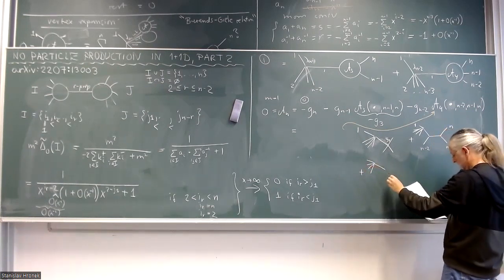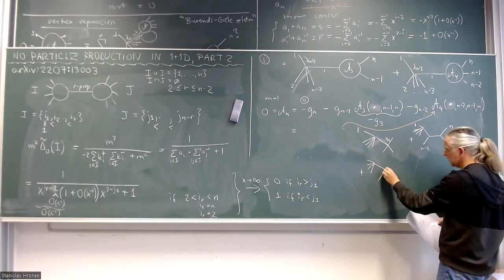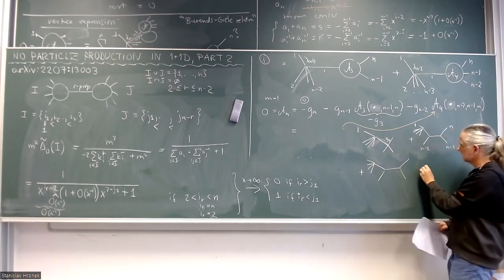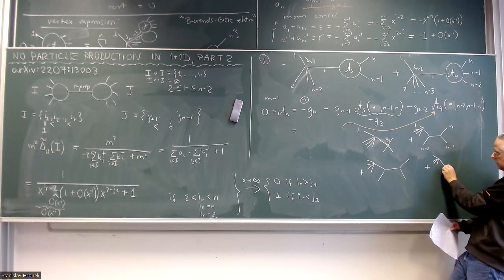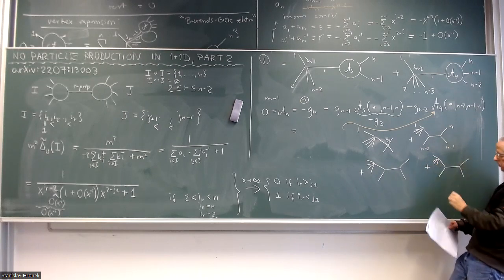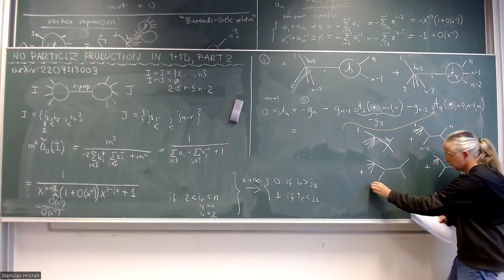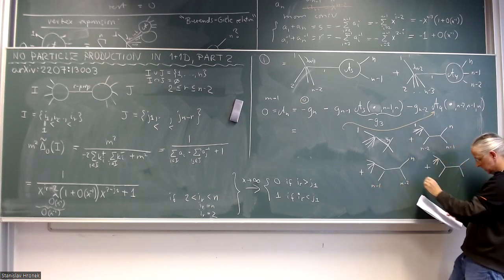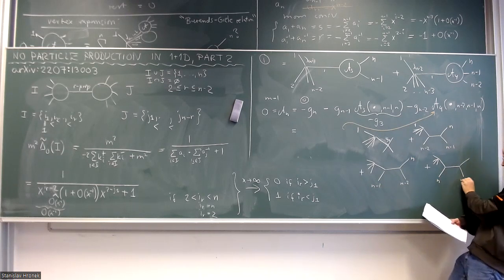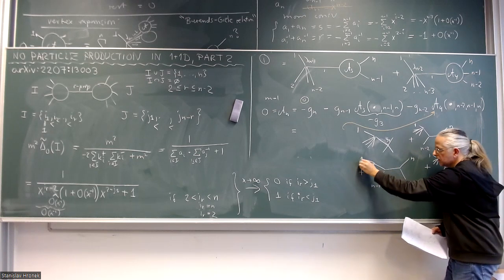So there will be this one. Well, I can actually get all the same and then just remove the legs. So that would be n minus 1, n minus 2, n, and this will be n, n minus 2, n minus 1. We have 1 here.